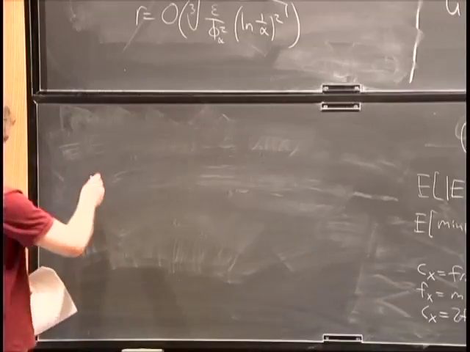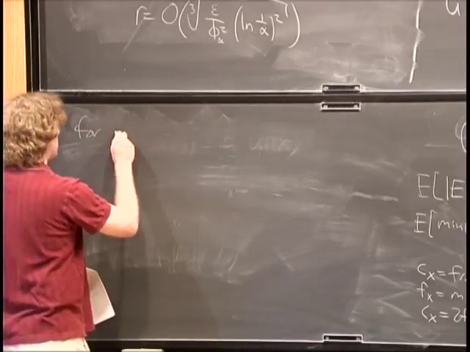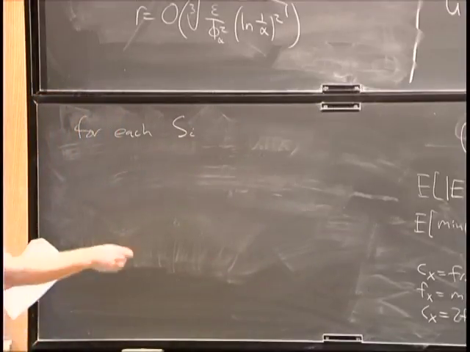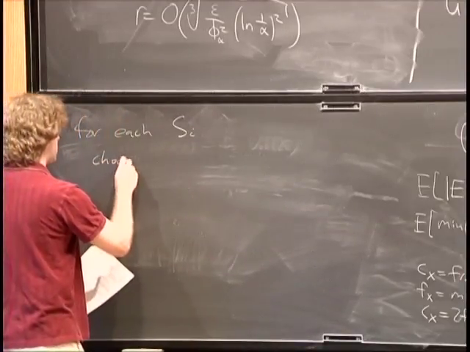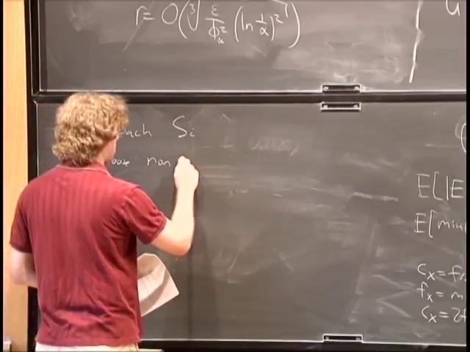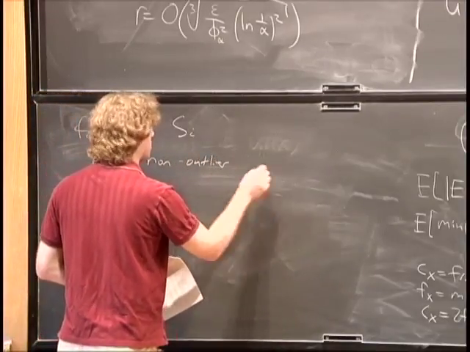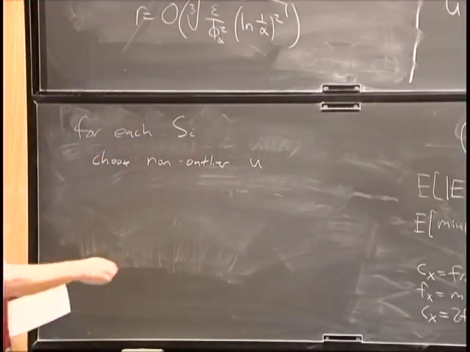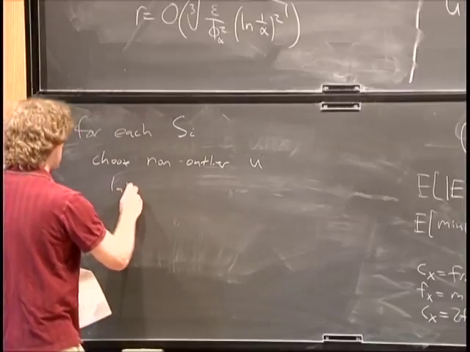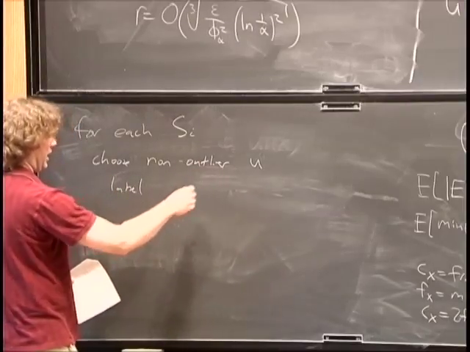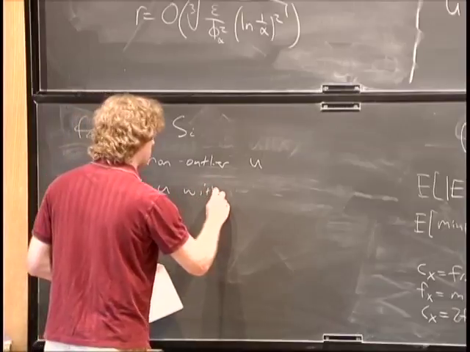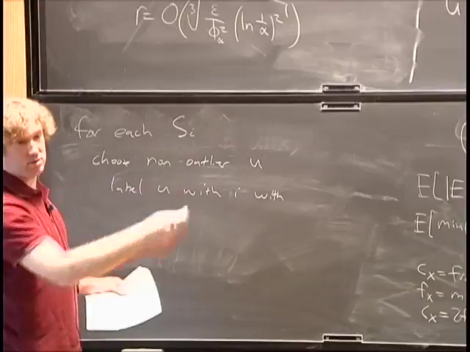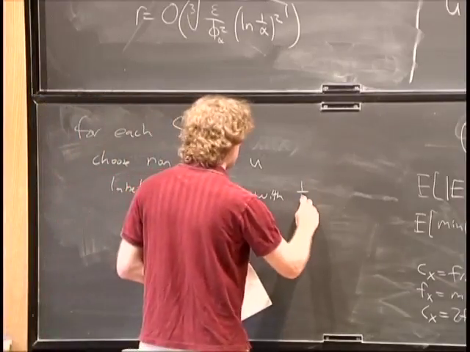So we'll choose, as I said, some vertex to be the center, and we'll label U with label I with probability proportional to its semi-definite programming vector.